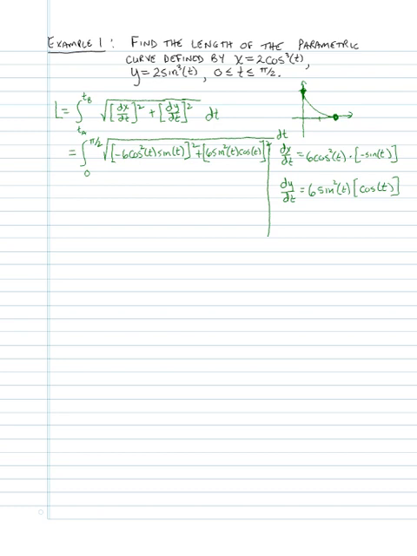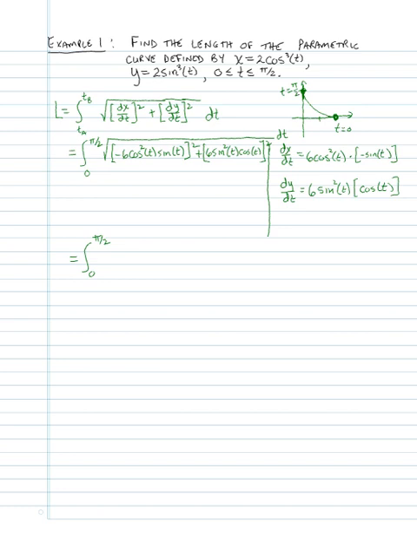Let me drop down here because I've got all that stuff in there that is too confining. We've got to worry about this integral from 0 to pi over 2. Of course, that's really from the point 2 comma 0 to the point 0 comma 2. This is where t is equal to 0, and this is where t is equal to pi over 2.